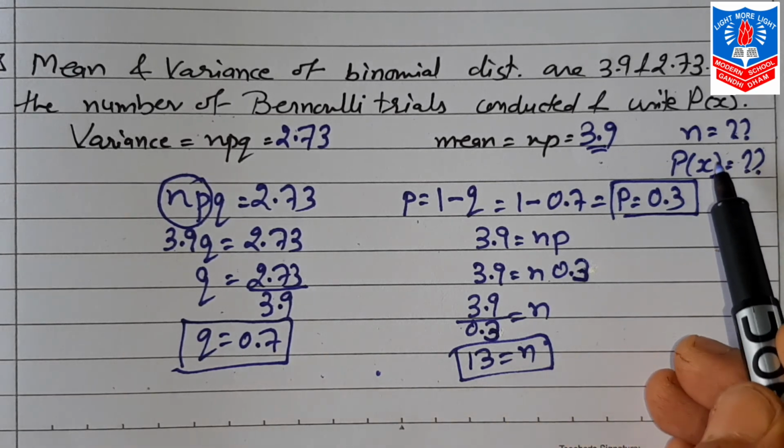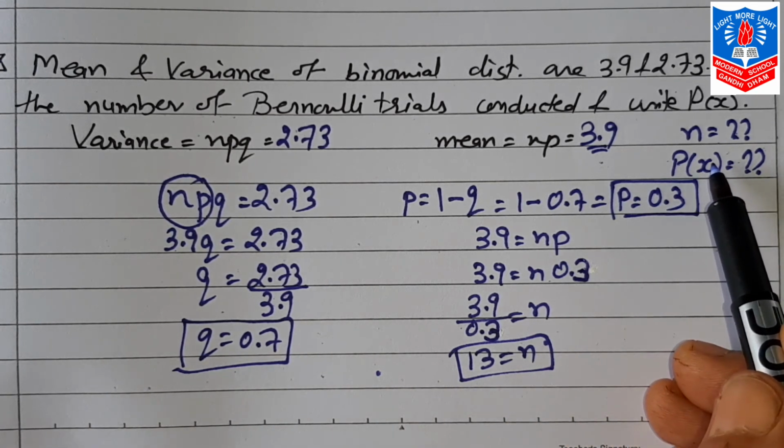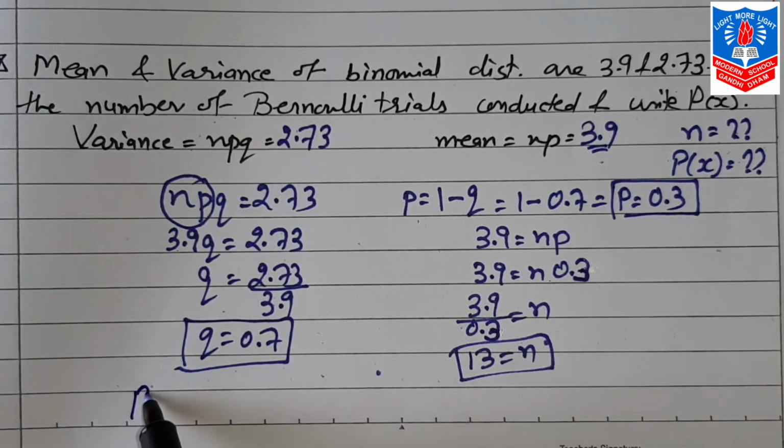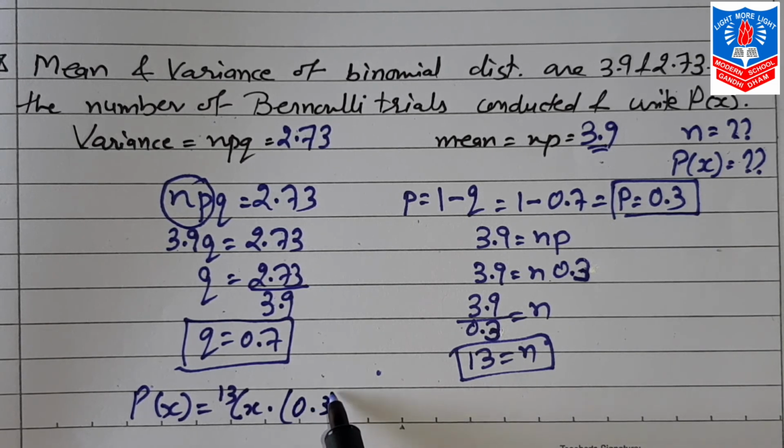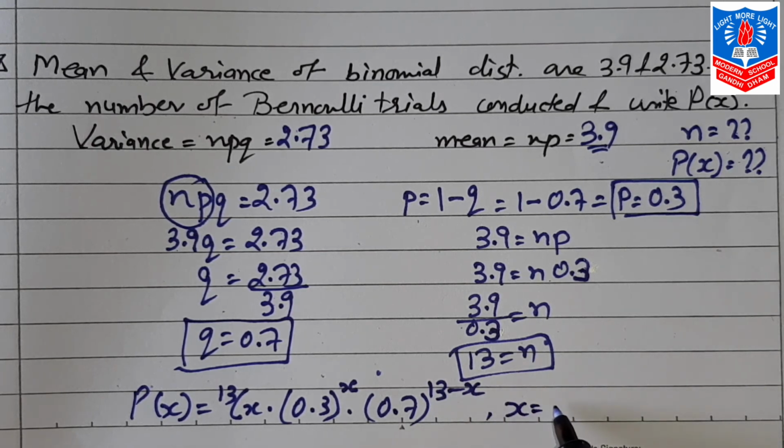Now finally, we want the value of P(x). Now for this P(x), n is 13, C, the value of x is missing, p value is 0.3 raised to x, q is 0.7, 13 minus x, where the value of x is 0, 1, 2 up to 13.